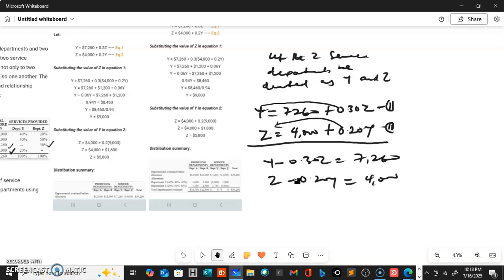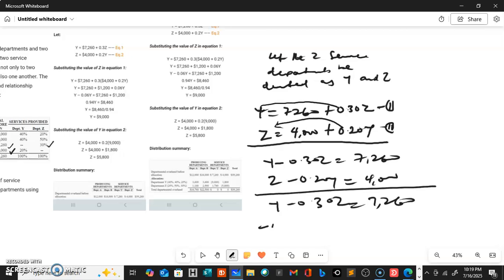So you can go ahead and still rearrange this. Y minus 0.30Z equals 7,260, and this will now be minus 0.20Y. When Z comes down here it becomes minus, and when it comes back here it becomes plus, so that will be plus 0.20Y equals 4,000.